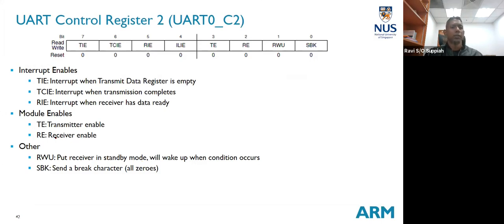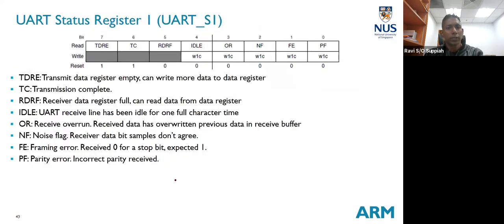In our case, this is important because we want to make sure that the moment you receive data, we are able to generate the interrupt. In next week's lab, we are going to be doing transmit and receive, just to test it out, but we only need to make sure that the receive is working well. So that is in terms of this UART control register 2.